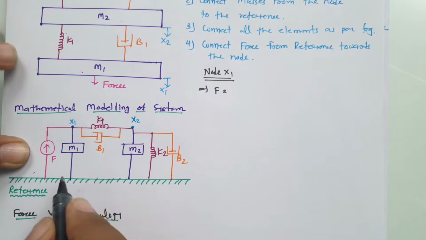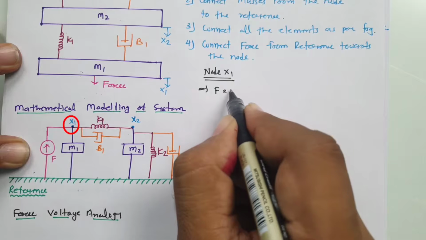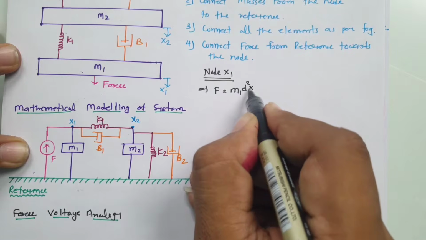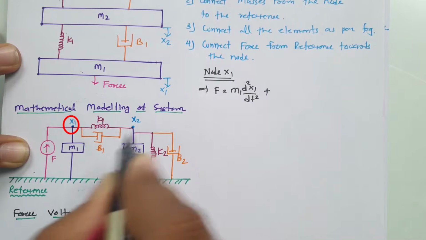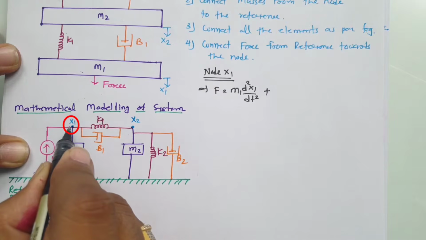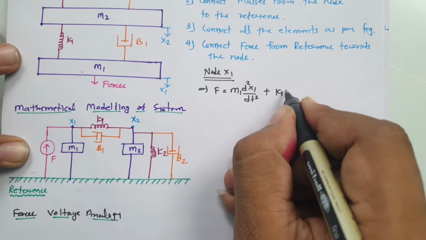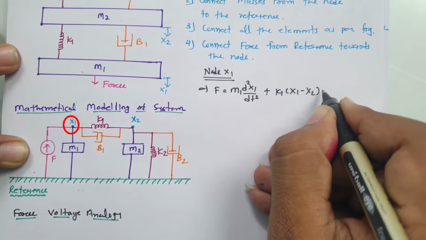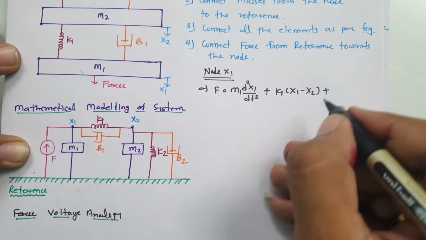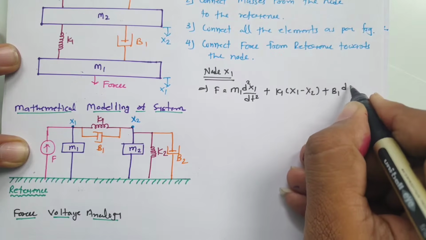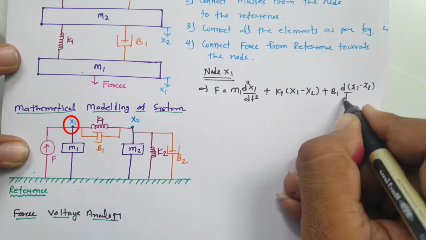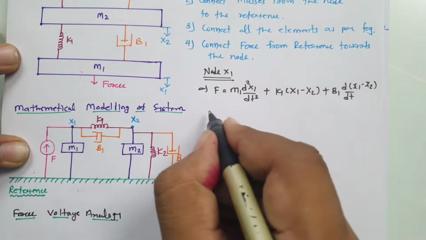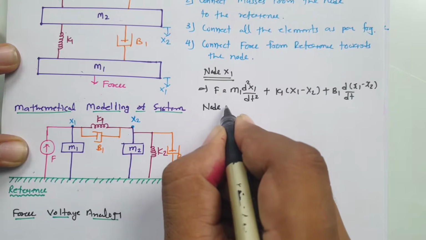That is in m1, and m1 has force m1 d square x1 by dt square, plus force in K1 which is connected with x1, so that will be K1 into (x1 minus x2), plus force in B1, that is B1 into d(x1 minus x2) by dt, as B1 is connected in between x1 and x2.